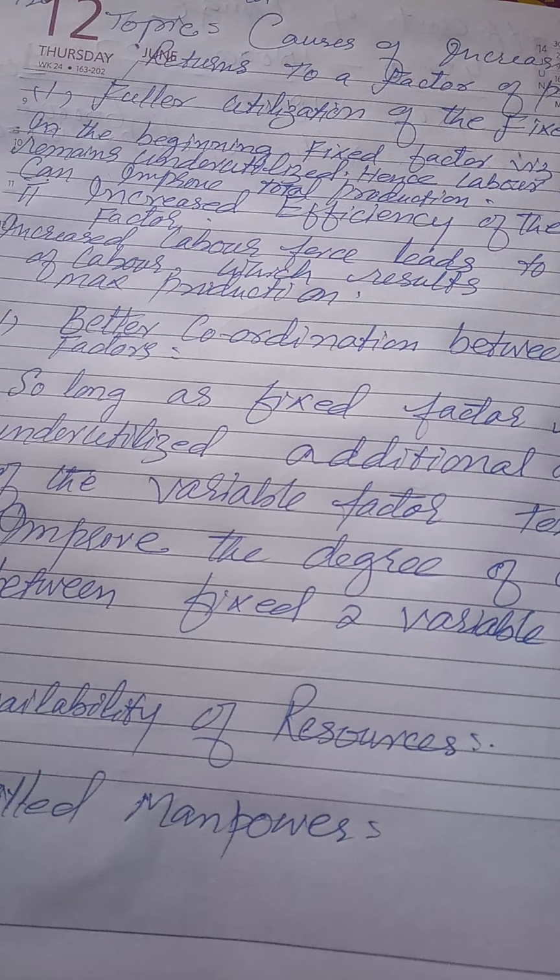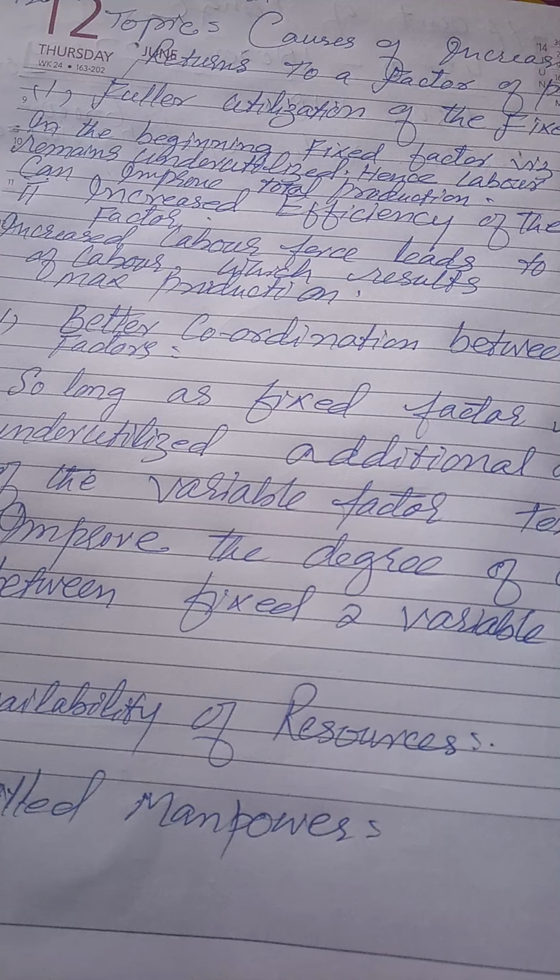Hence, division of labor is created there. When division of labor is created, it will automatically lead to maximum production. But the restriction is that the labor force should be technically aware, or skilled. So this skilled labor force, or efficient use of this labor force, will lead to increasing return to that very variable factor of production.